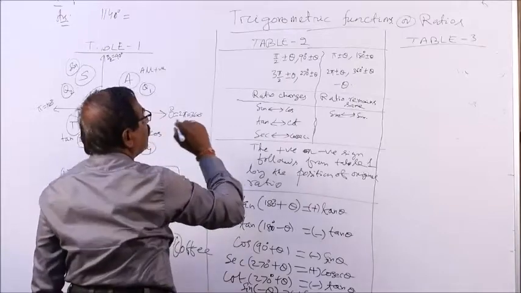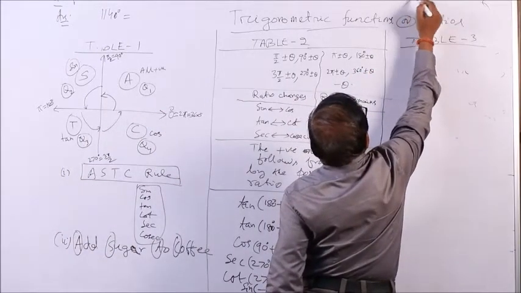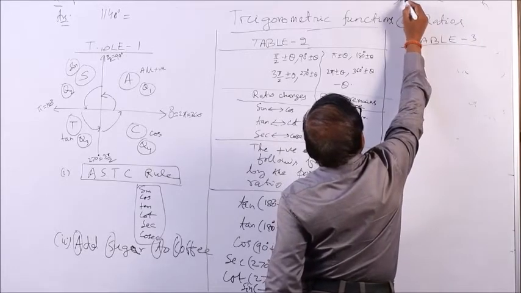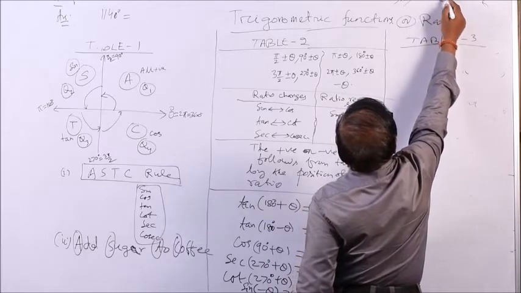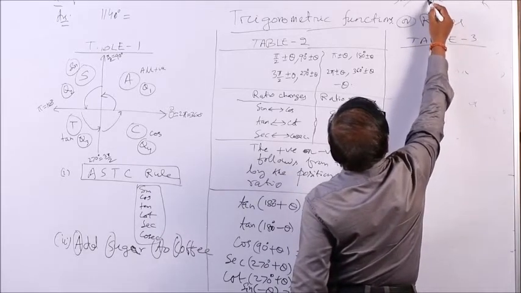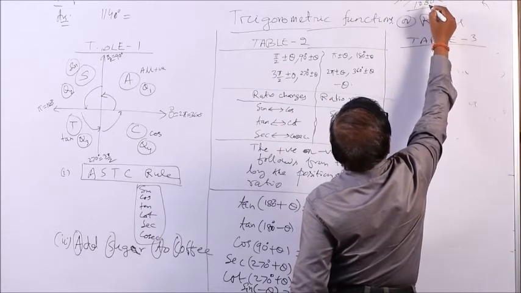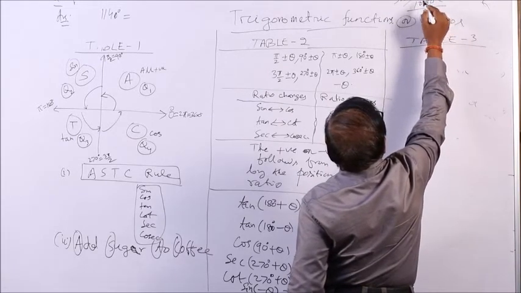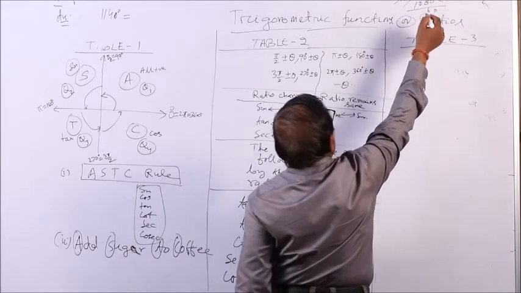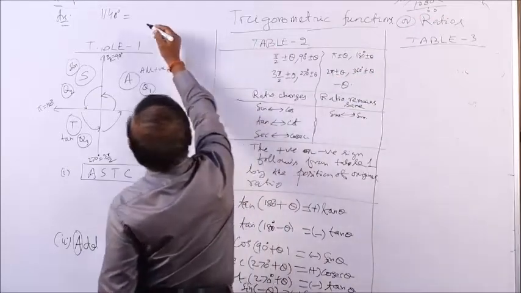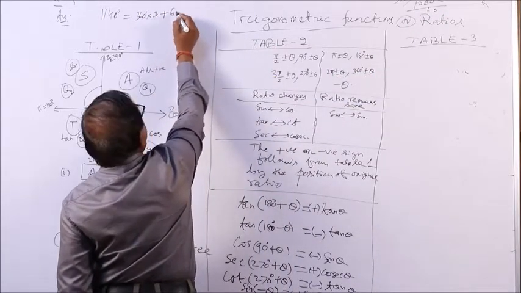1140 degrees we divide by 360. How much do you take? 3. You see, so what remains? 60. So this is 360 into 3 plus 60 degrees.